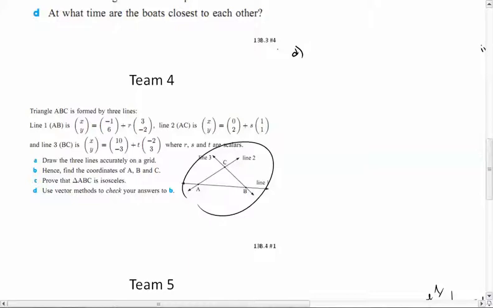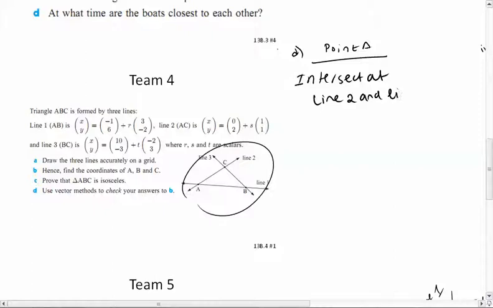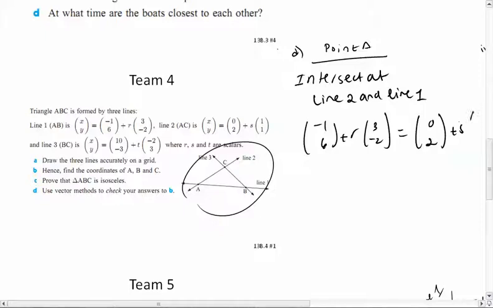We know that point A is the intersection of line 2 and line 1. So we make them equal to each other. Line 1 is (-1, 6) plus R(3, -2), equals (0, 2) plus S(1, 1). So this is line 1, and this is line 2.